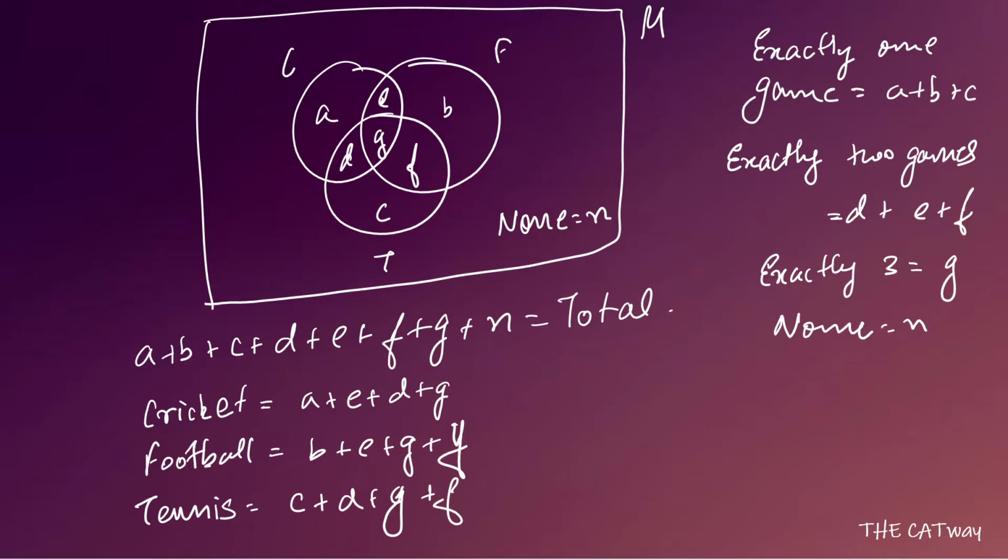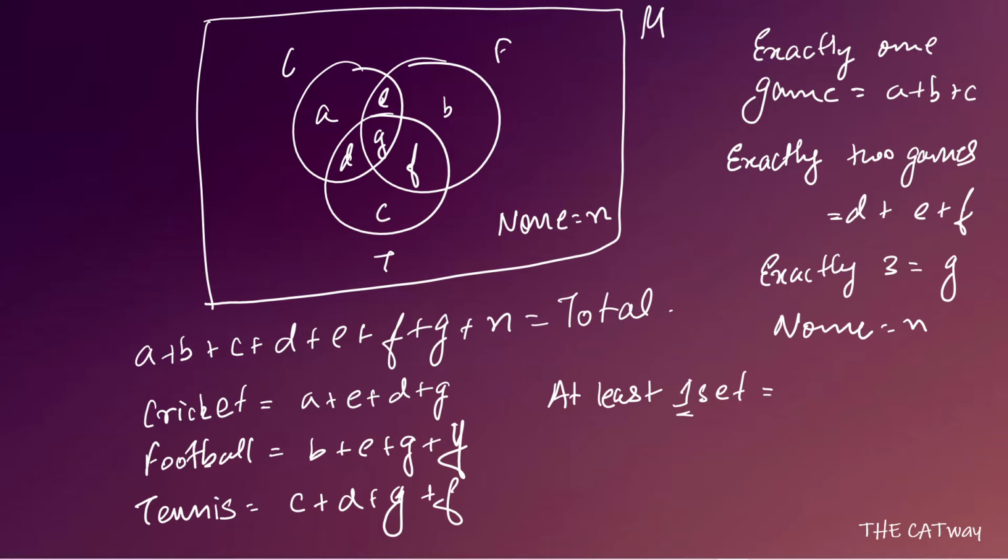Now some other definitions. When we are talking about at least one set, I have told you that at least means the number which has been given and everything above that. So we add all of them excluding the one which represents none of the games.